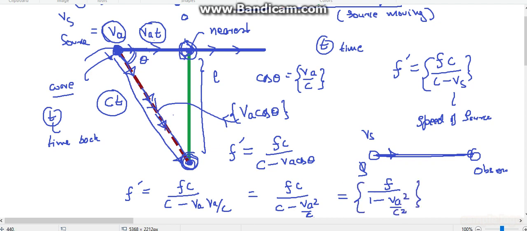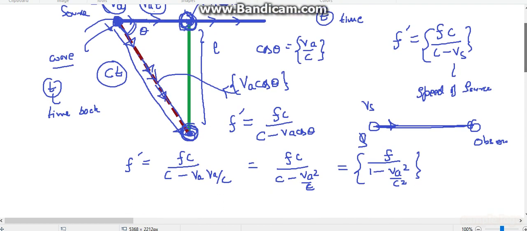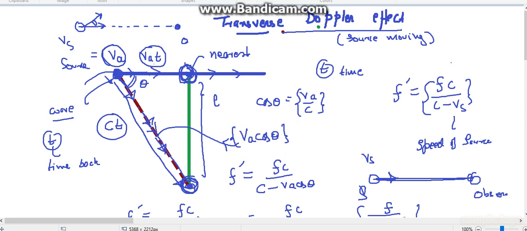This will be the frequency which will be heard by the observer when the source is nearest to him. So this solves the concept of the transverse Doppler effect.